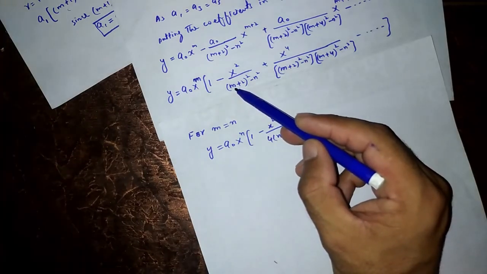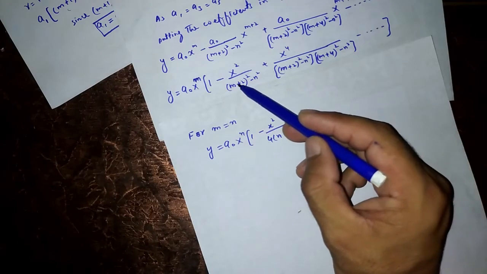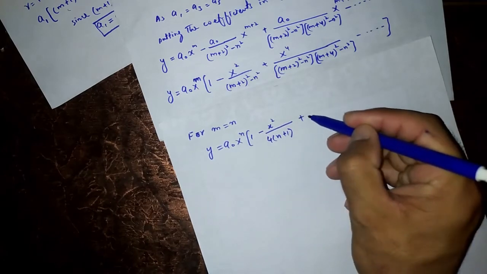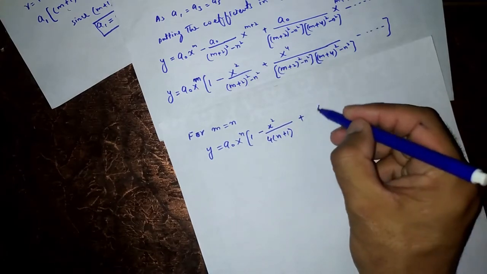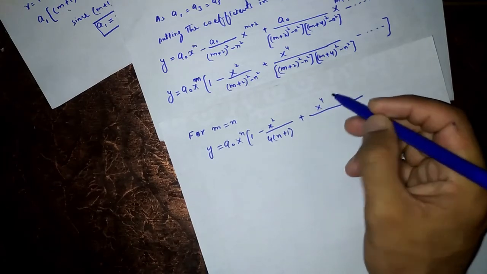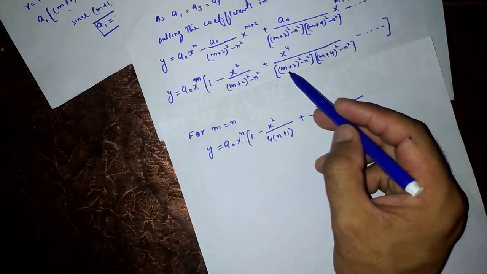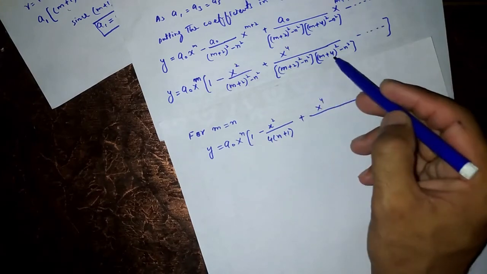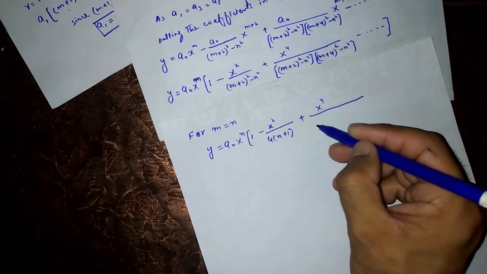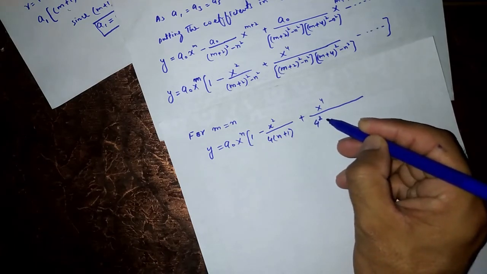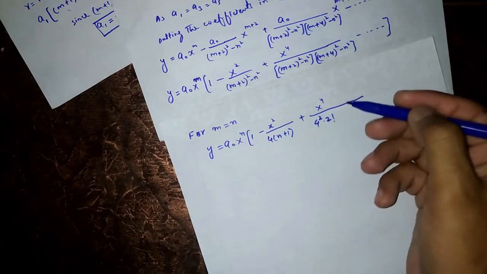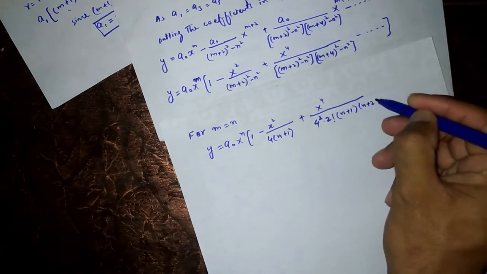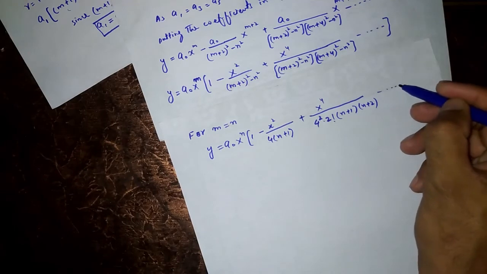First replace m by n, so it will be n plus 2 whole square minus n square, and then open the n plus 2 whole square formula, plus x to the power 4 divided by, similarly if we replace here m by n, and then by simplifying it we will get 4 square into 2 factorial into n plus 1 times n plus 2 and so on.